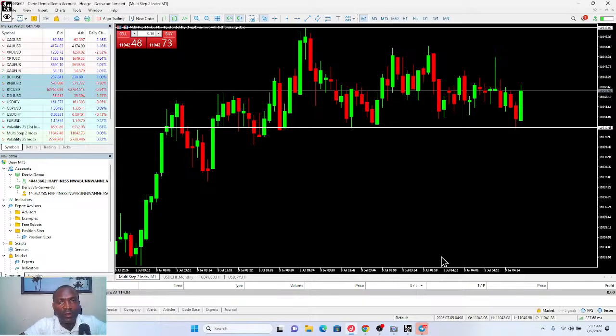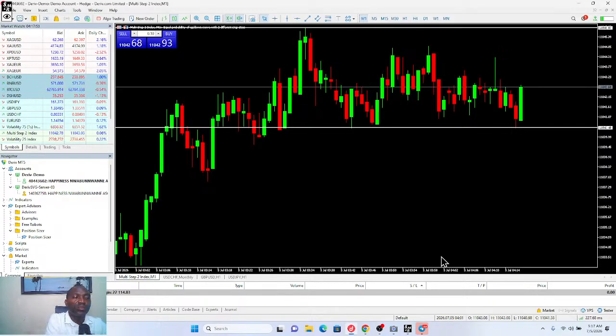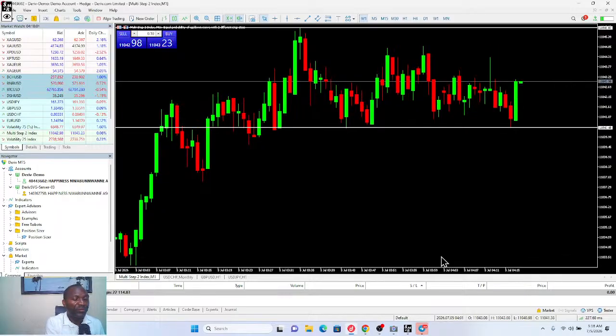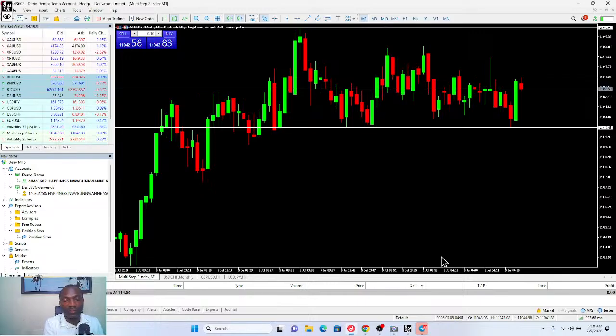If you are buying, you only enter the trade when you see a green candle, the way it is now. I can see now you would have entered that trade because it is now green for me. Let me see. Okay, good. It's charging. Let me also watch.